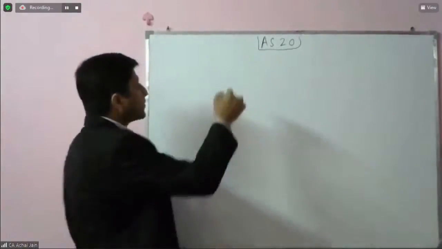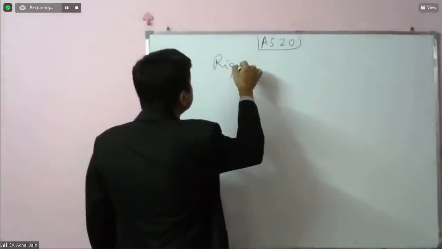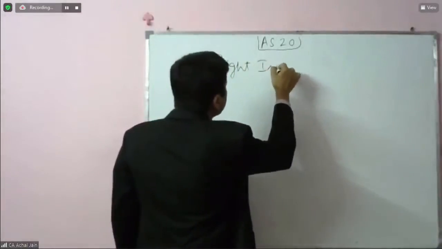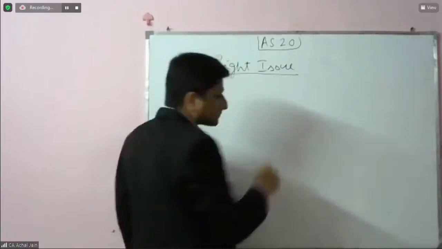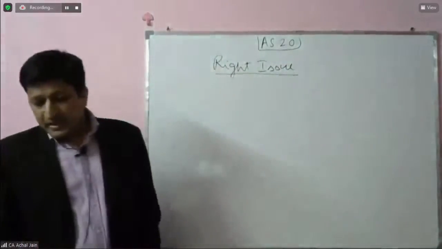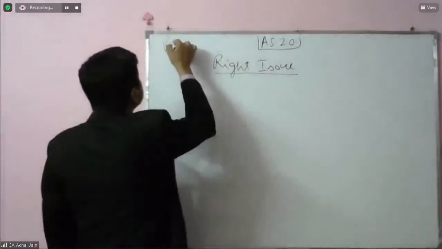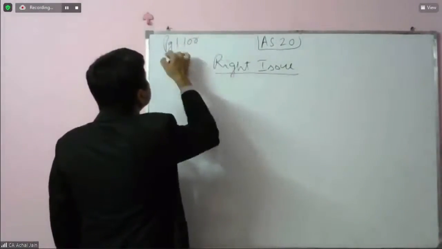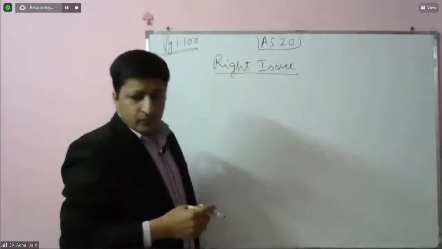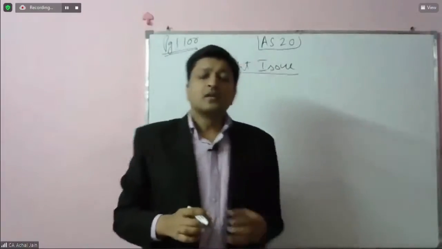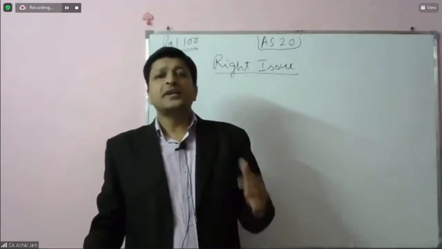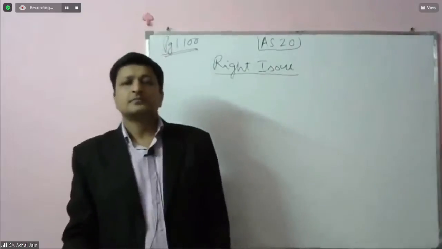So now, let's try to understand the right issue. How does this impact us? This is what we need to understand. Right issue means issue by the company to existing shareholders.